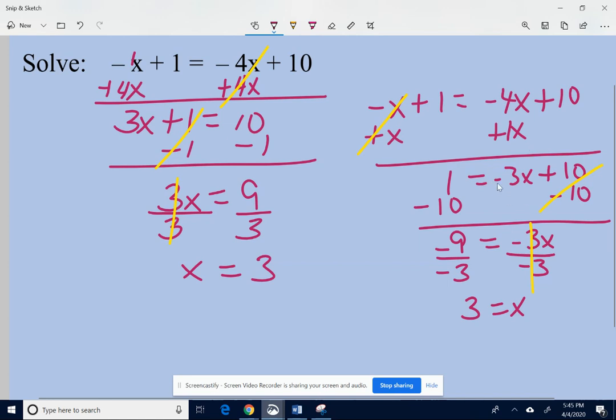Okay, so if you would rather end up with a positive x term, if you have a situation where you have both of the x terms being negative, okay, this is the trick. Get rid of the term that is more negative. Okay, so negative 4x is more negative than negative 1x. So if you want to avoid negative x's in the next step, get rid of the more negative x term.